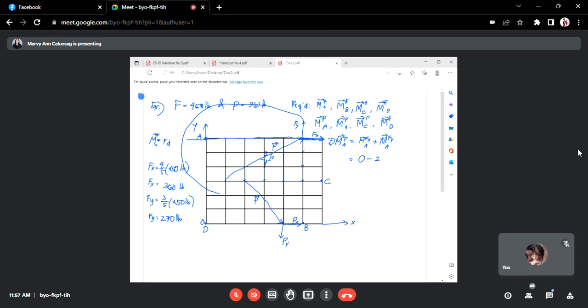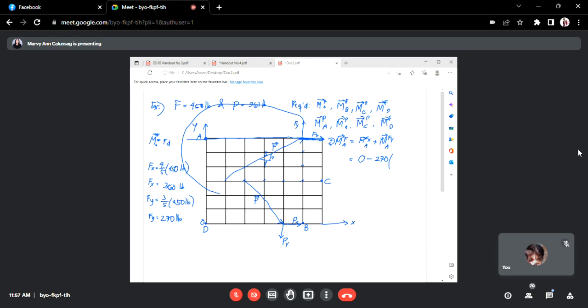Fy is 270 pounds, times what is the moment arm? Who can answer? How much is the moment arm, from the line of action of Fy to the moment center?